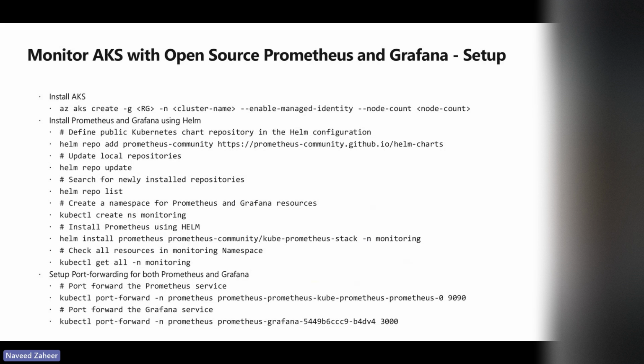The next thing you want to do is set up Prometheus and Grafana using Helm chart, and then finally set up the port forwarding. Very simple steps, and in a few minutes, you have all of these installed and start scraping that information, going into Prometheus and start looking at Grafana charts.